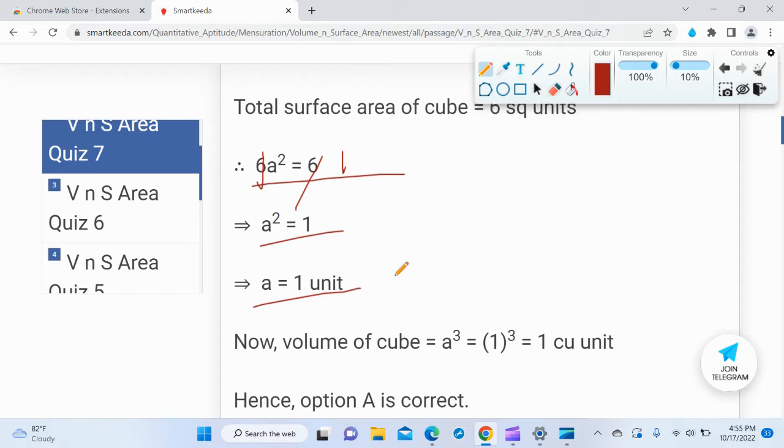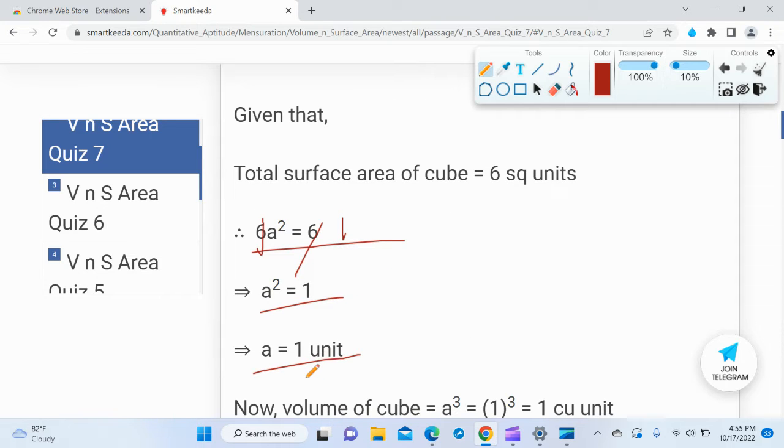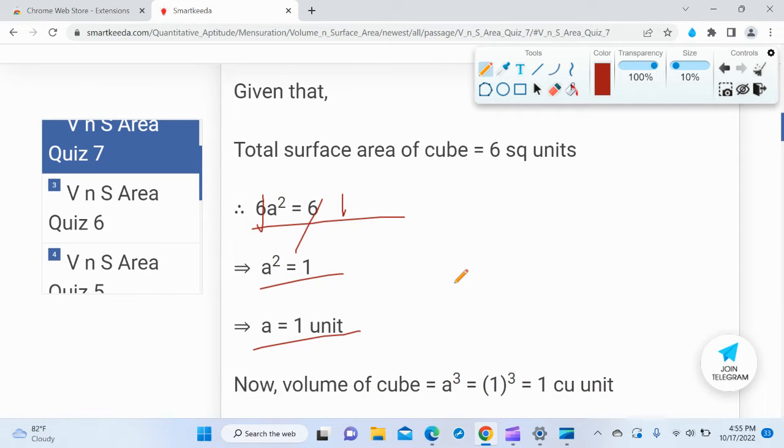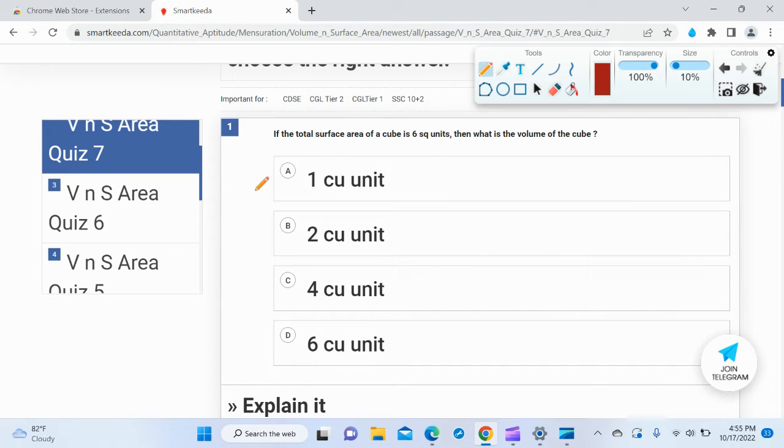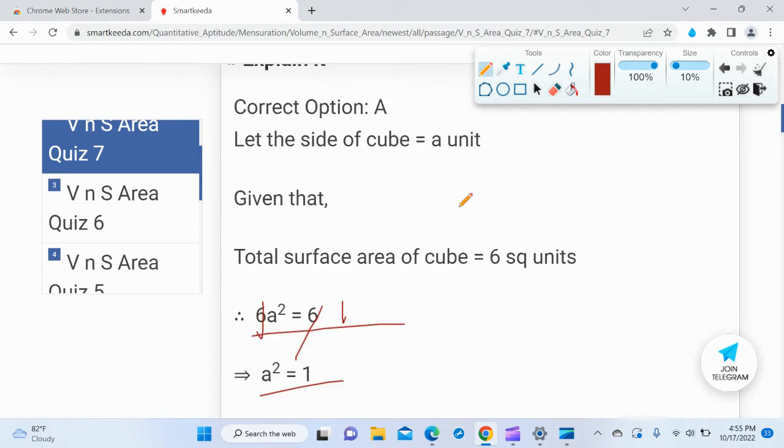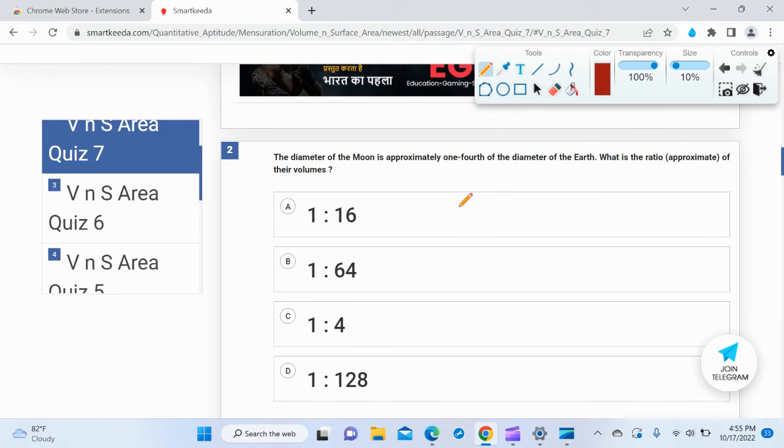So the side we calculated as 1. So what will be the volume of that particular cube? Volume is a cube, which means 1 cube, and that is 1 cube unit. Hence the volume we calculated as 1. Correct. Now let's solve another problem.